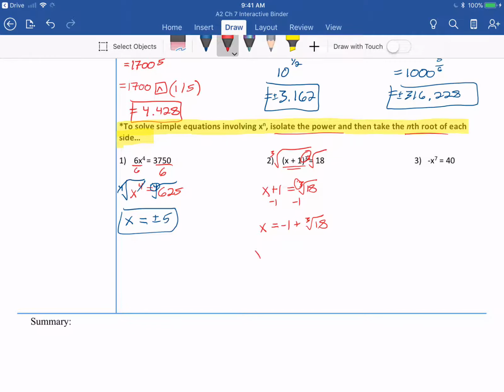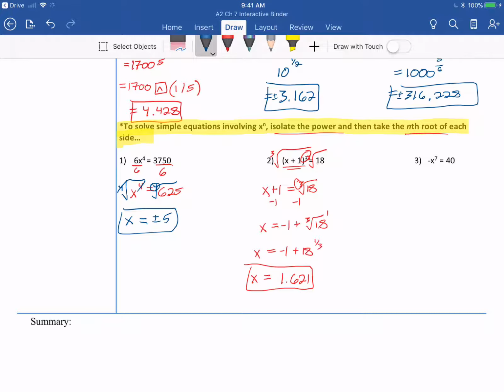So let's put this in our calculator. You can go x equals -1 plus, and then this right here is going to be 18 to the 1/3 power. Okay, so you can put that right into your calculator, and you should get out that x is equal to 1.621 here. All right, just one answer, cube root there.